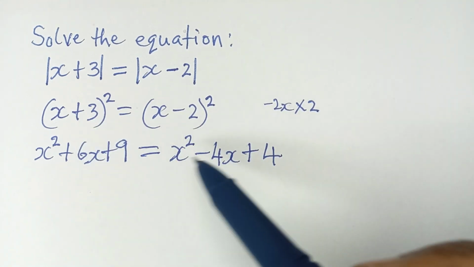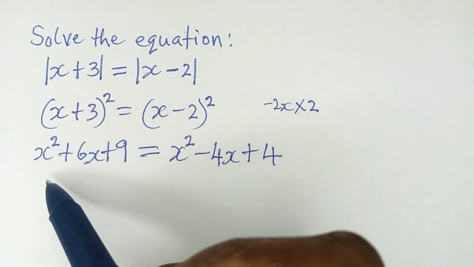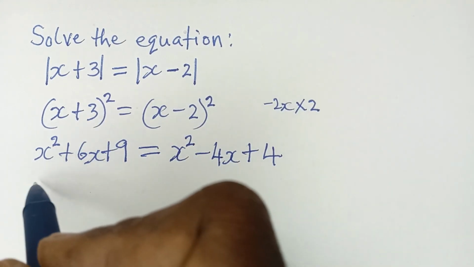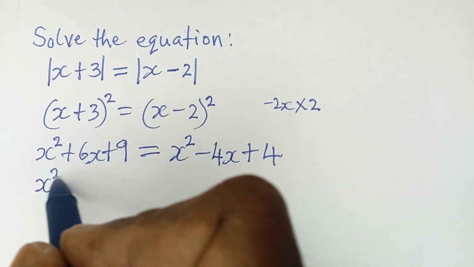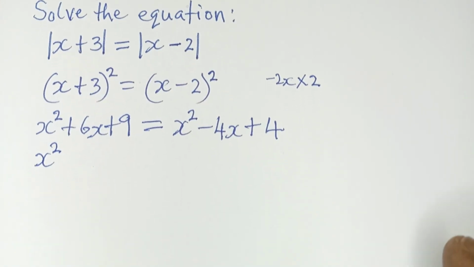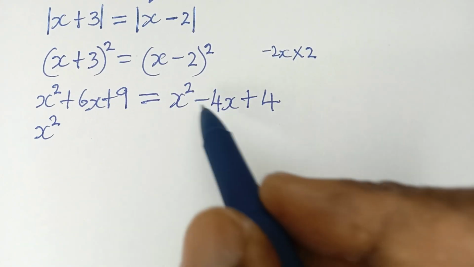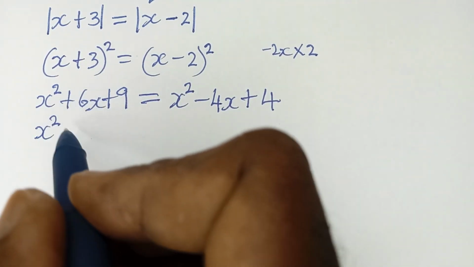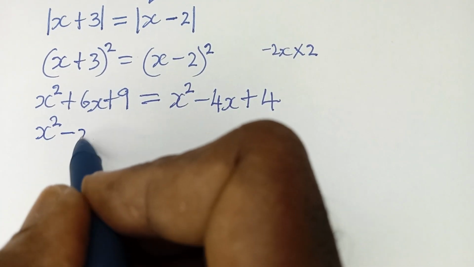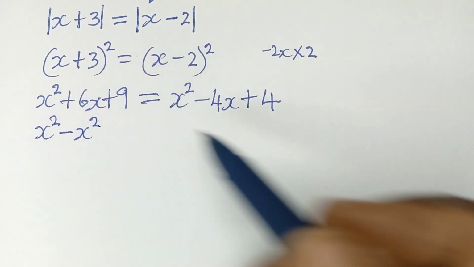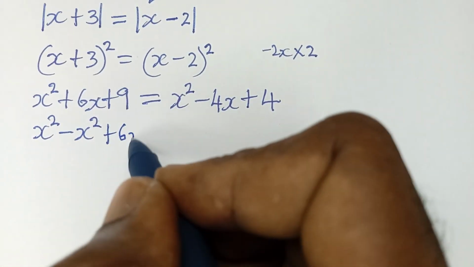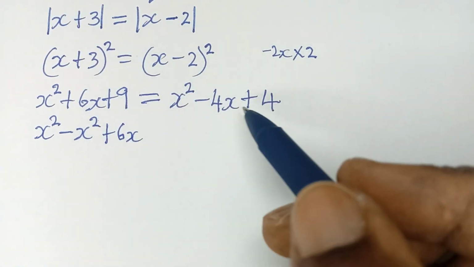Now, let's collect terms in x on the left-hand side and the constant values on the right-hand side. So I have x squared here, and I'm going to bring this x squared to this side. This is positive x squared. If it crosses to this side, it becomes negative x squared. Then I have positive 6x here, and let me bring the x term to it.